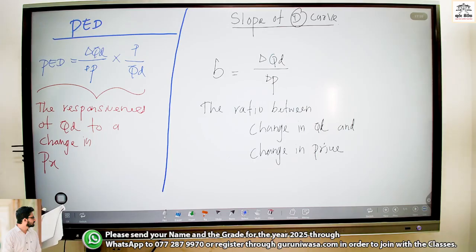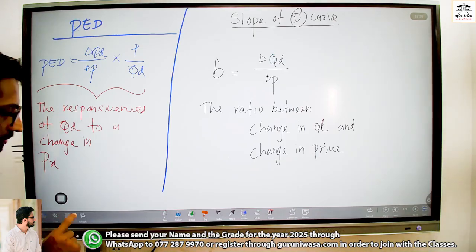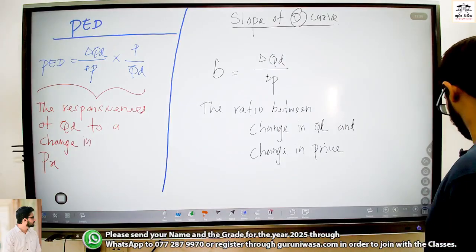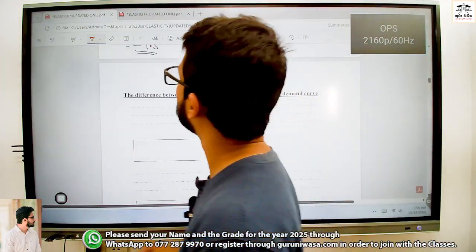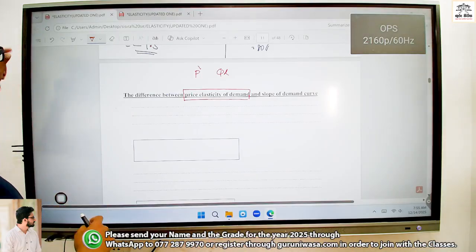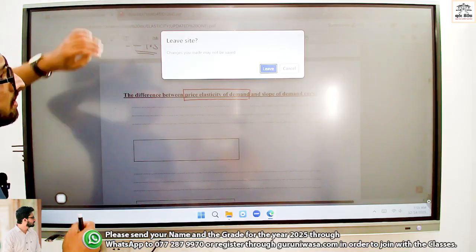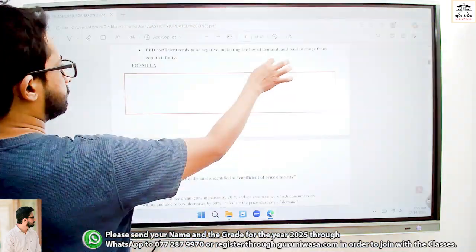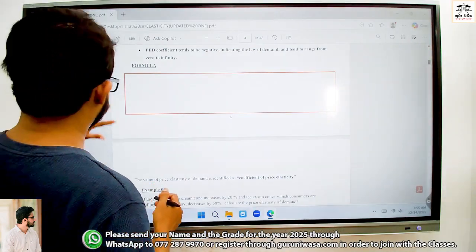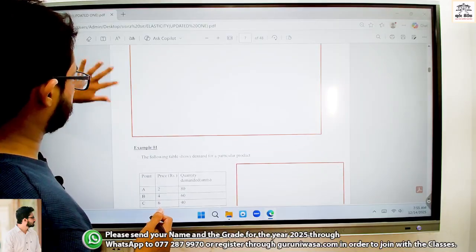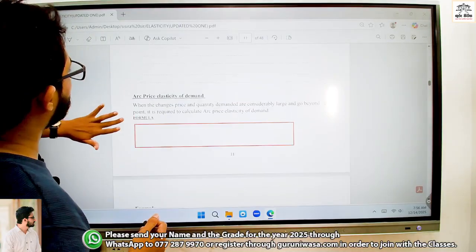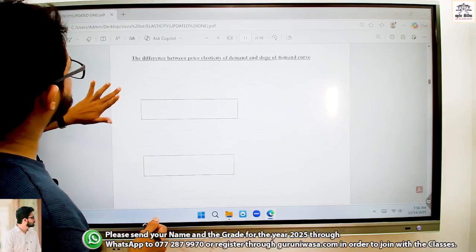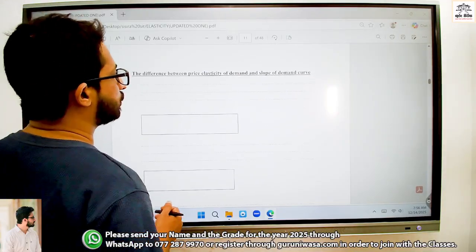Let's talk about slope. First, write down, there's a dotted line. Write down the difference between price elasticity of demand and slope. I'm going to talk about slope.